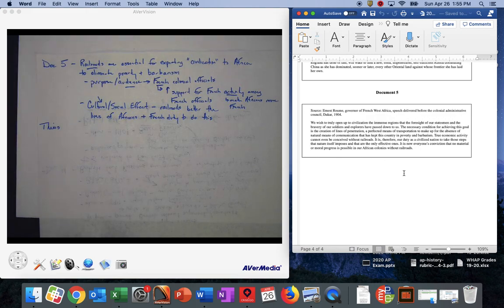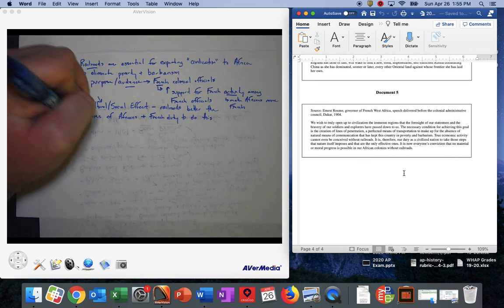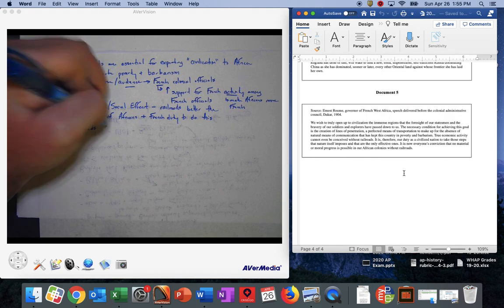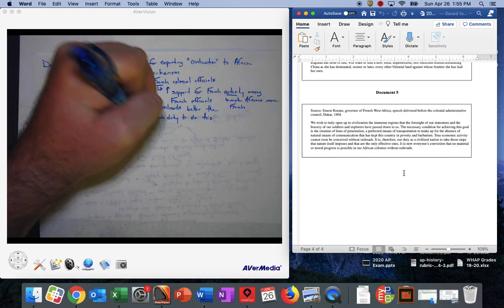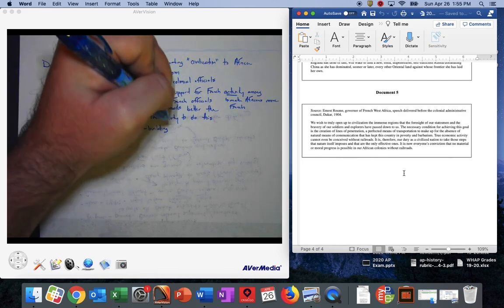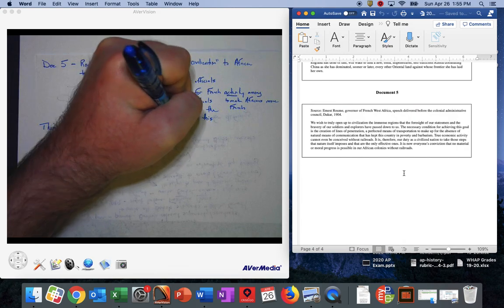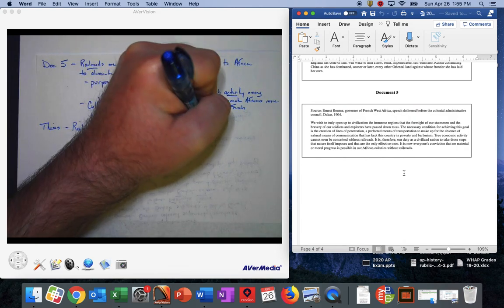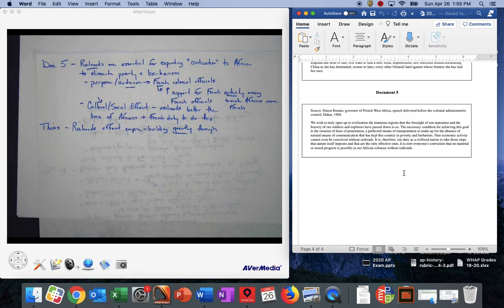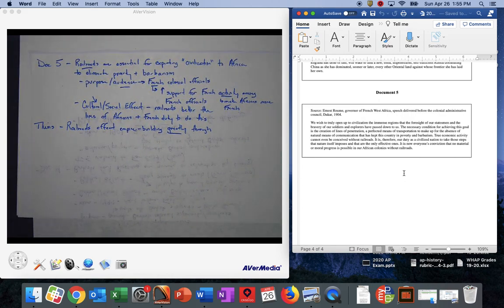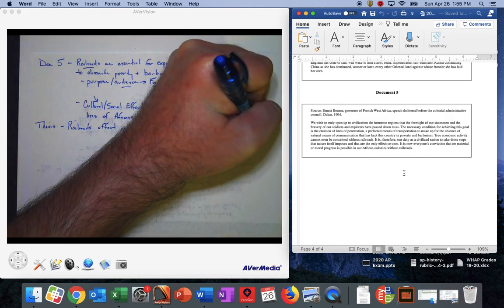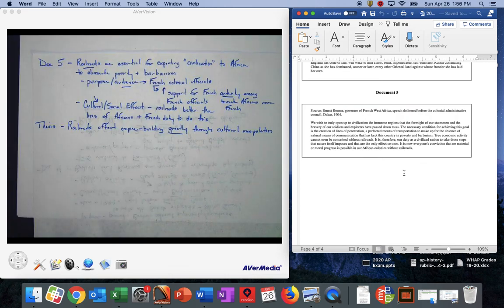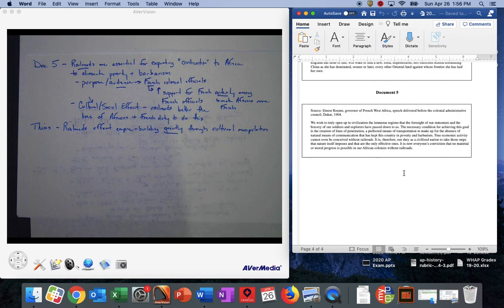All right, so here's a thesis. Railroads affect empire building greatly through, and here we want to name what the two categories are. I'm going to call the first one cultural manipulation, like turning these people into Europeans.